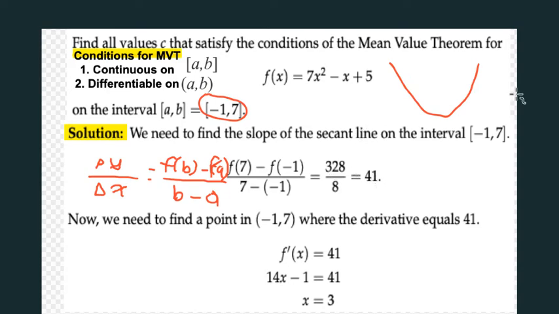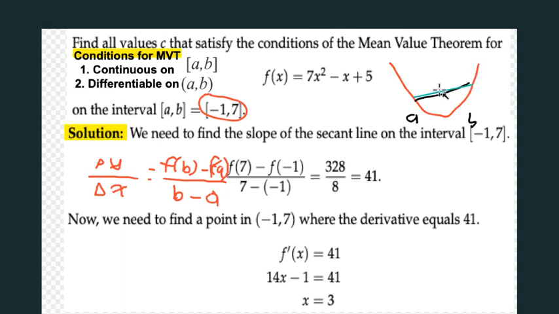So what am I going to do with my diagram now? Well, I'm going to come over to my diagram. If I call this a and I call this b, I know that the slope was 41. I've just put a positive slope there.